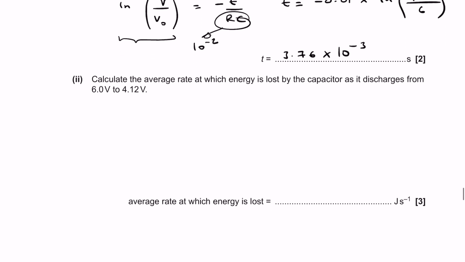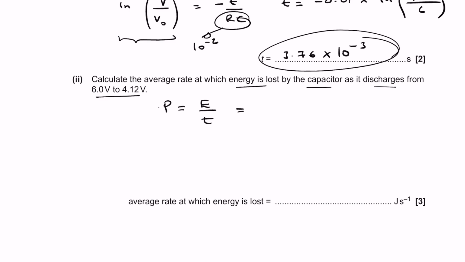Okay, next part. We have to calculate the average rate at which energy is lost by the capacitor as it discharges from 6 to 4.12 volts. So we know that the average rate of energy lost is essentially power, and so power is energy divided by time, and we know the time that it took for the capacitor to discharge from 6 to 4.12 volts was this much, and so we just have to think about the energy lost.